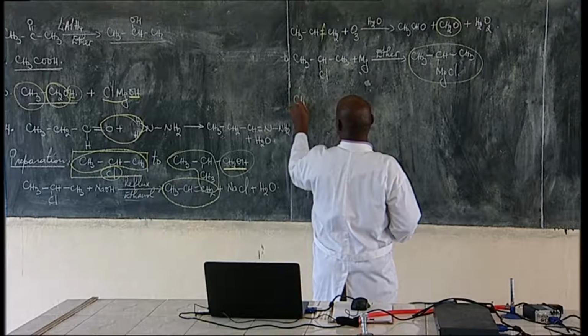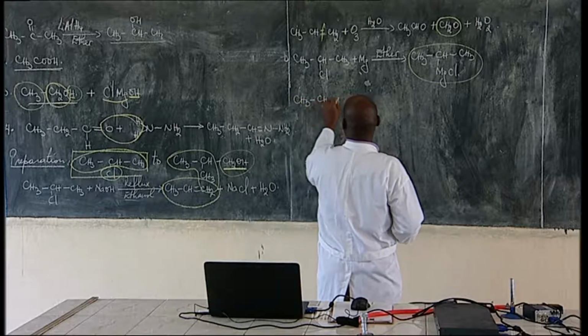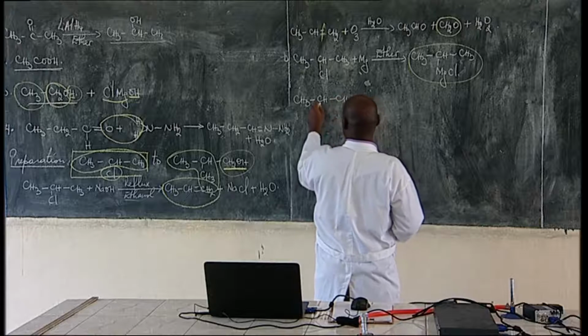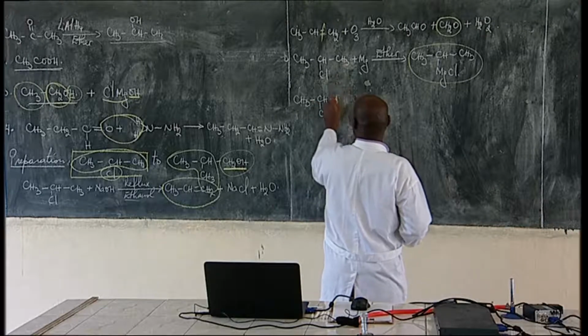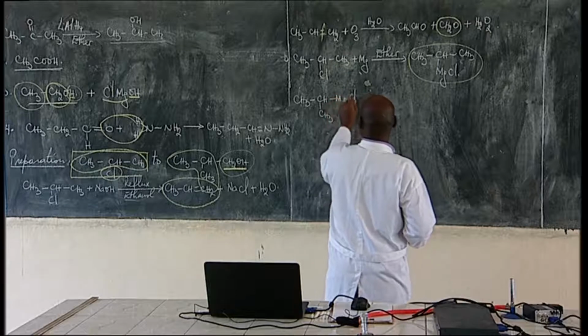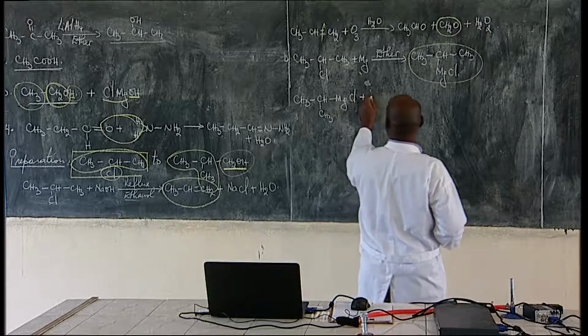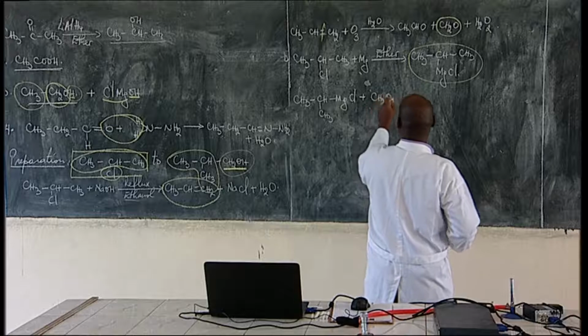So we have CH3CH(CH3) with magnesium chloride, reacting with CH2O.